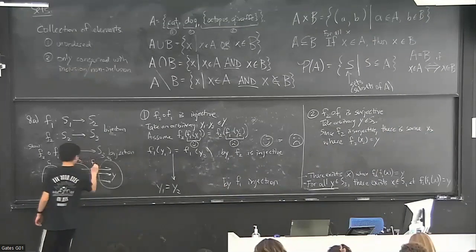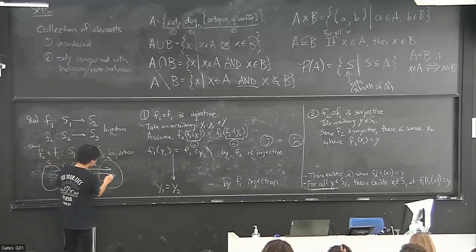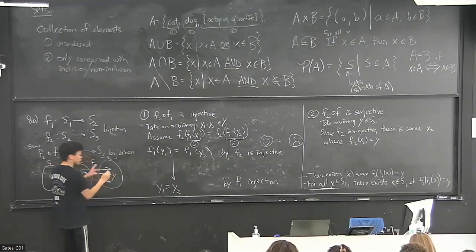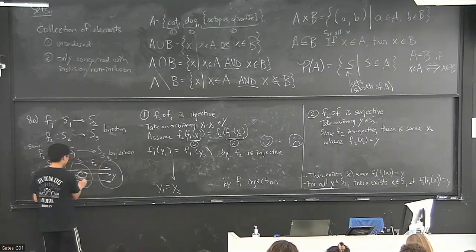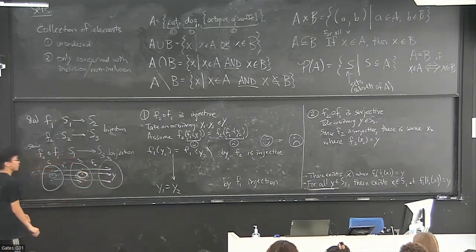Because I know F2 is surjective, y isn't going to have no arrows. Remember, surjective means every y has at least one arrow. So for this y, I know I'm going to get this one thing back.